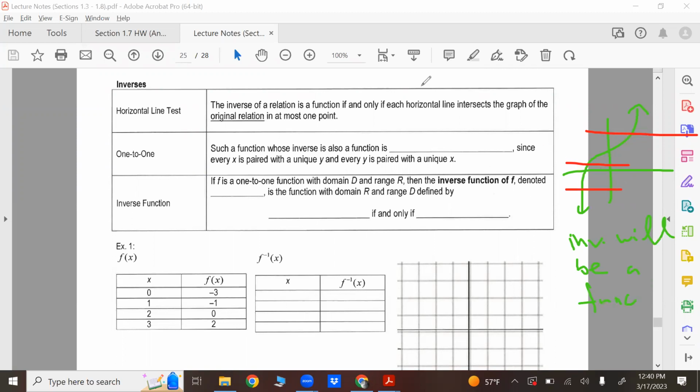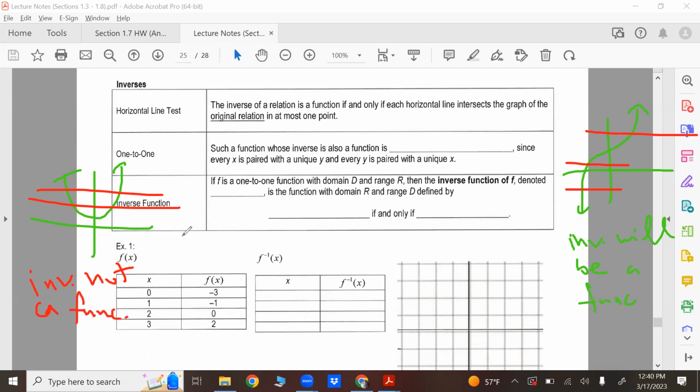But if I have this, like a parabola, for example, how many times does the horizontal line pass this graph? So in this case, the inverse is not a function.